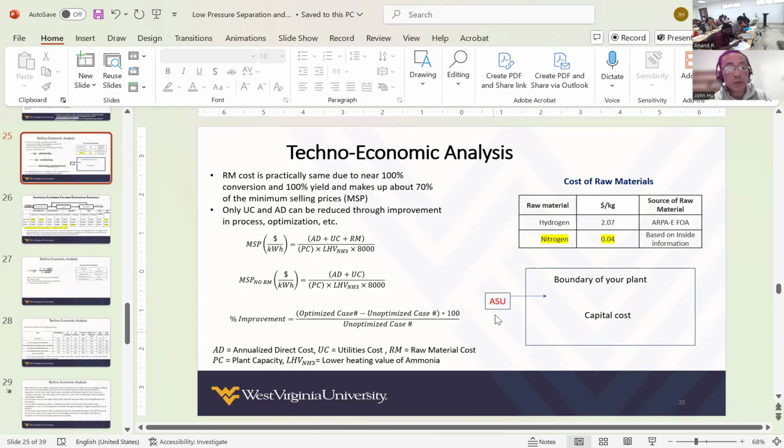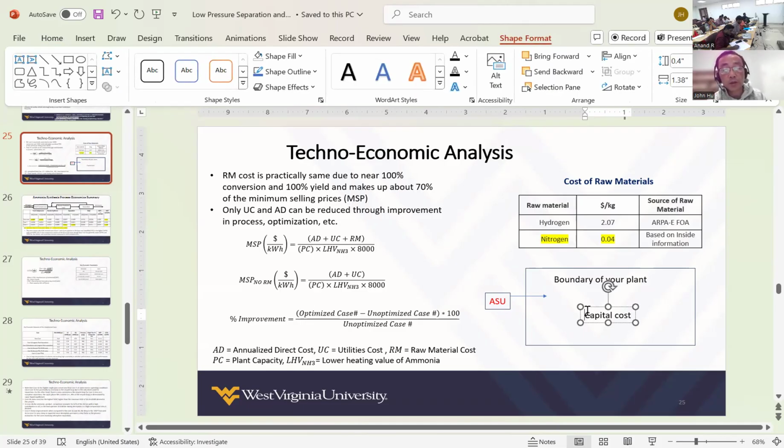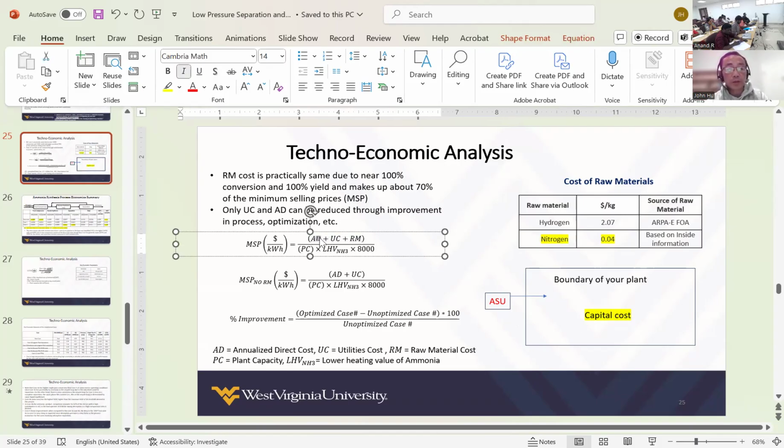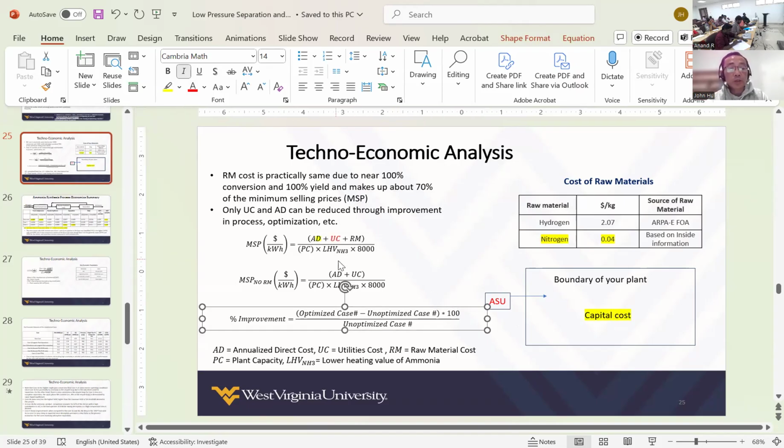So they put in the capital. This releases your burden, which means you do not need to have this in your plant. Make sense? Do you understand? That's why I'm trying to give you a very good example of how you see this calculation. This is your capital cost, and this is your operating cost. You really have to balance your capital cost and your operating cost.